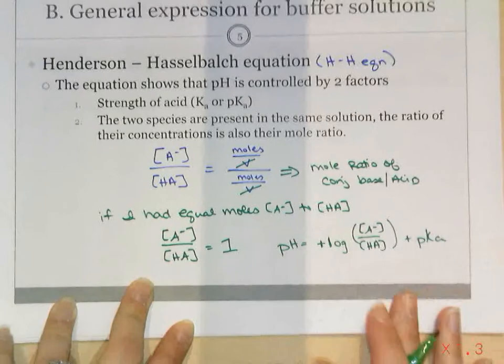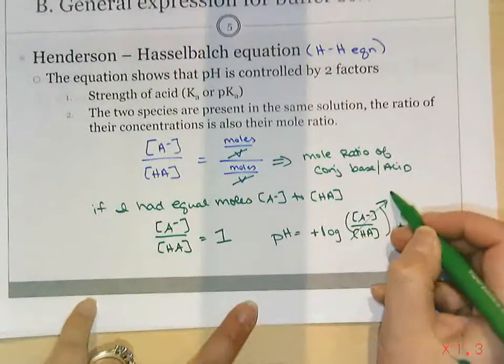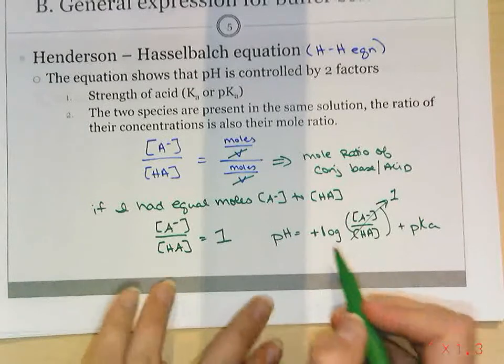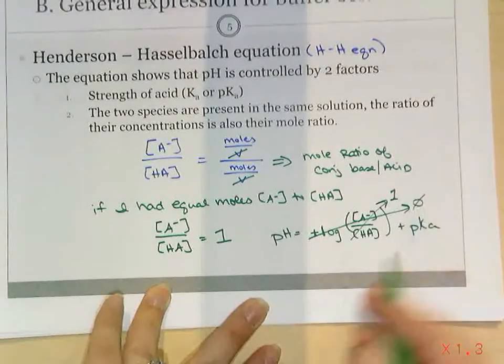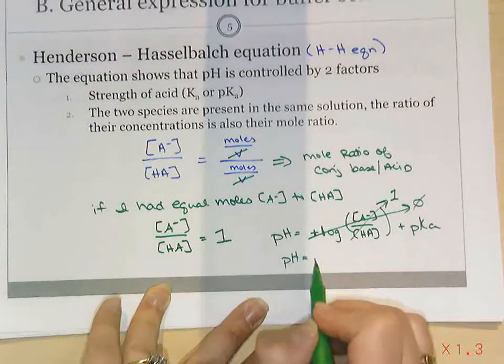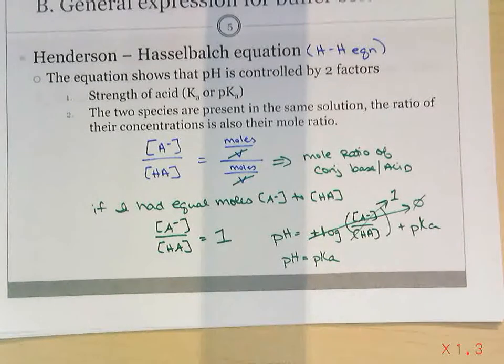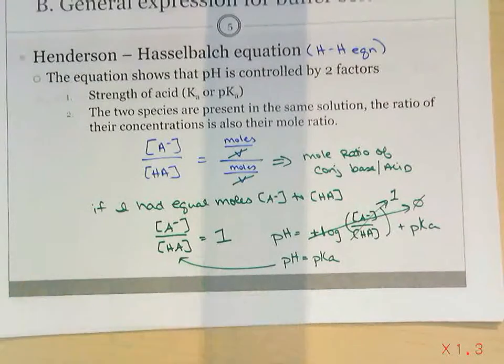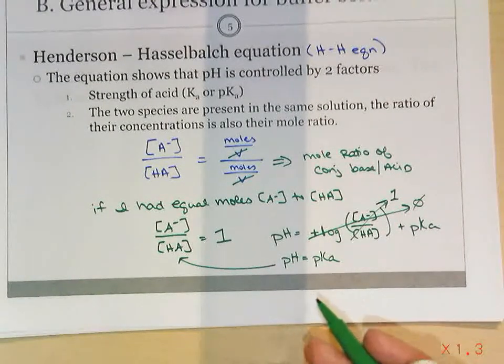What's the log of 1? 0. The pH equals the pKa if this is true. How handy is that? If you know the pKa of an acid and you put in equal mole ratios, you already know the pH. Done. Super handy. That's only if you have the exact same moles.